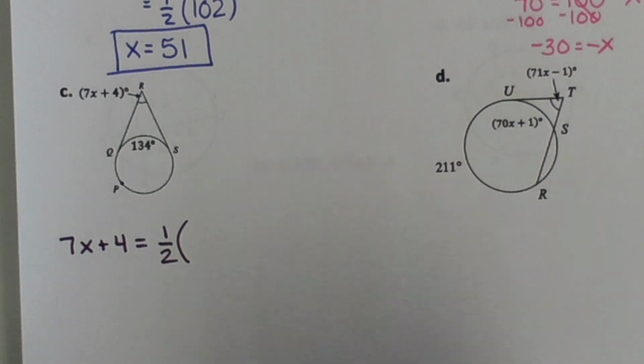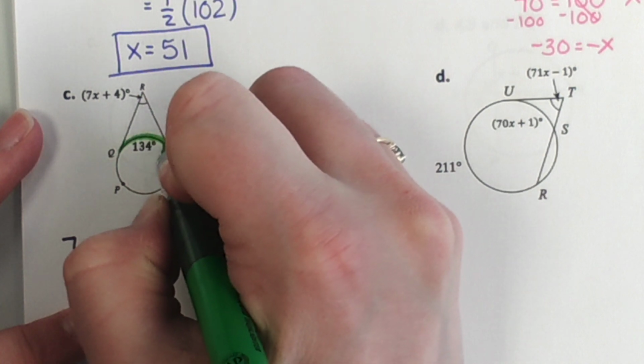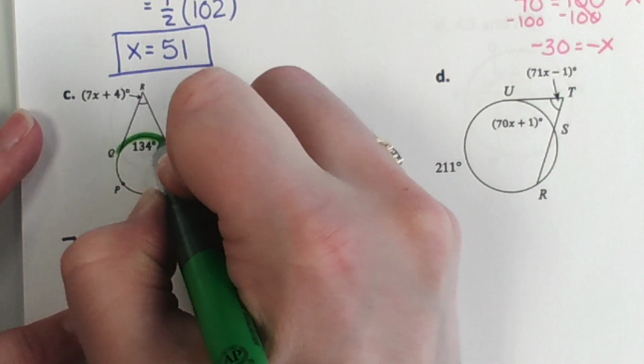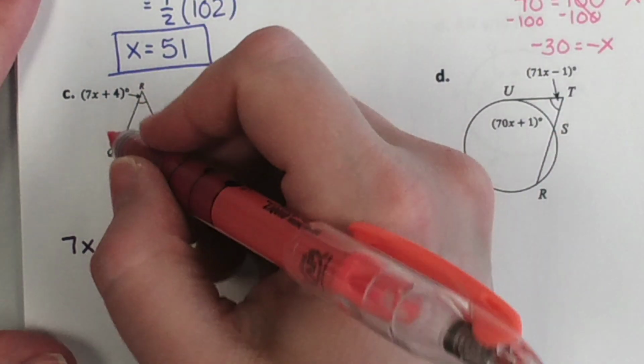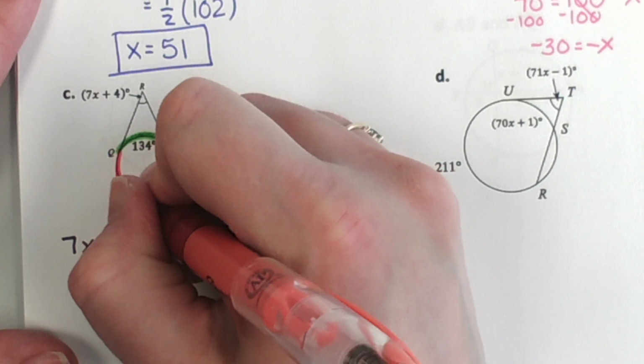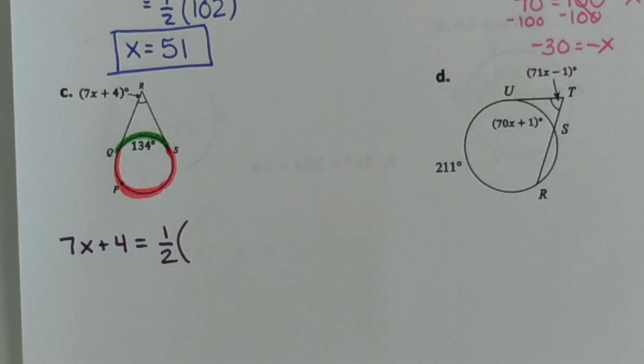Here's the information I know. This is the arc I was given. The arc that I need for my formula to work is the arc that does this. Do you notice that they together make a full circle? If they make a full circle together, what do you know about their measures?